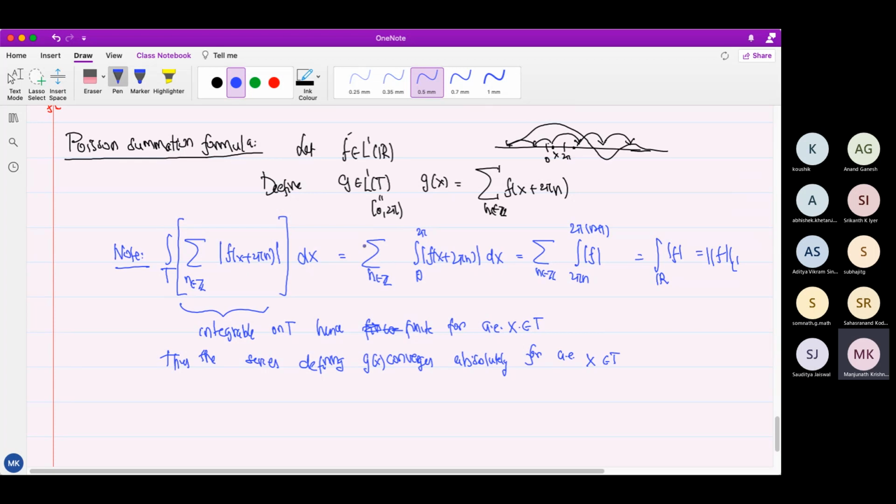Torus here I'll write as 0 to 2 pi. So it is a well-defined function, and in fact it's an L1 function. This also justifies G in L1 of T. The L1 norm of G is actually not the same as the L1 norm of f.